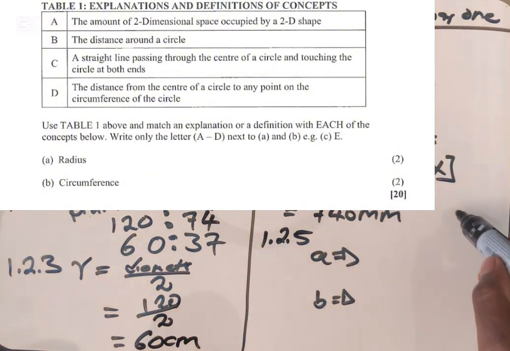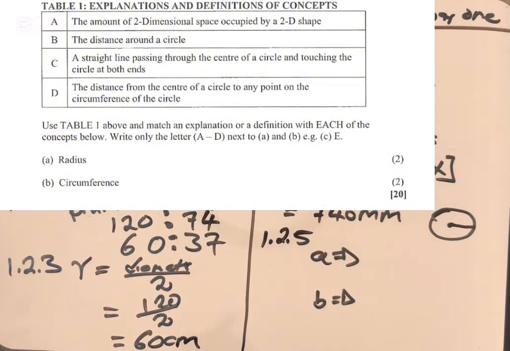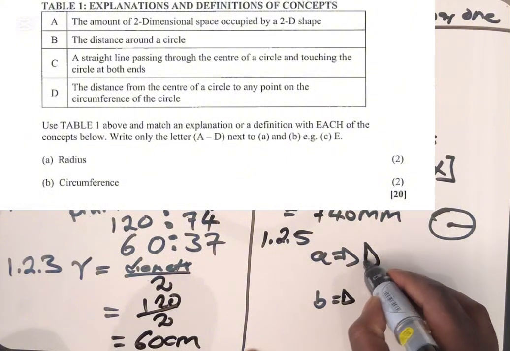We know that if we have a circle like this, the radius starts from the center to any point in the circumference. So we look for a definition that says from the center to any point of the circumference. We found that one is number D. It says distance from the center to any point in the circumference. So radius is D.